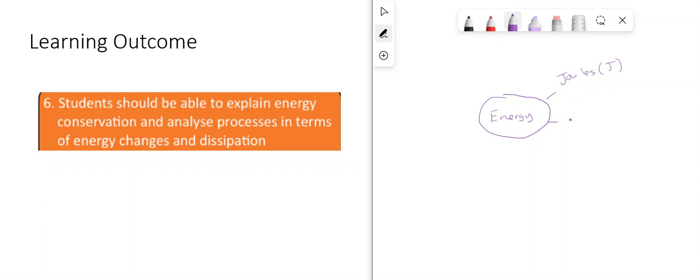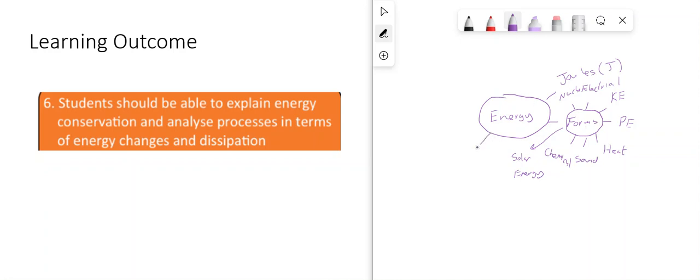We have the forms of energy: kinetic energy, potential energy, heat energy, sound energy, chemical energy, electrical energy, nuclear energy, and also solar energy. So these are all the different forms of energy.